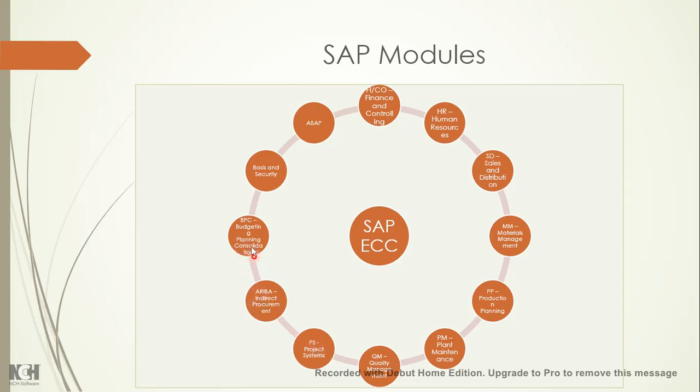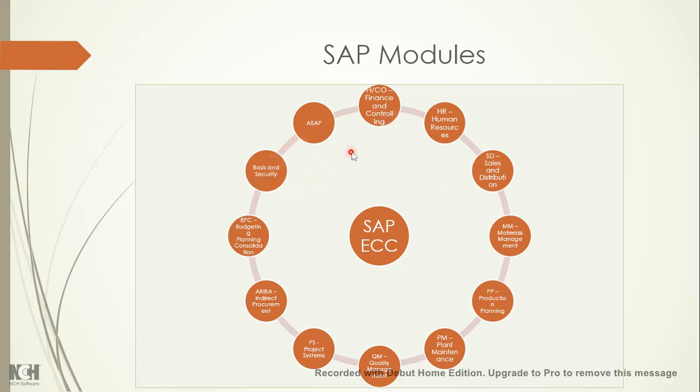Then these are some additional add-ons. So Ariba is for indirect procurement, BPC is for budgeting, planning and consolidation. But then again, core module is another, basis and security, and above. So these two are pure technical side. So I'll explain you all of them separately.